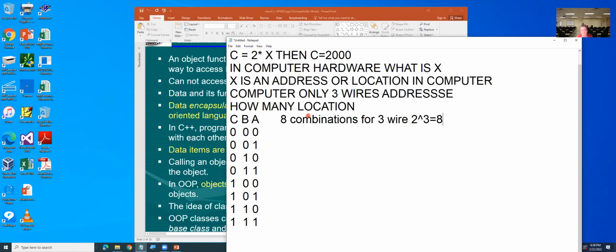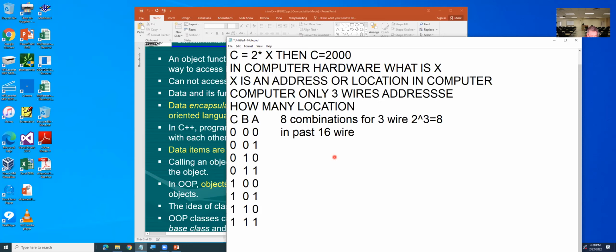However, the computer cannot have just 3 wires. How many wires for address in the past? At the beginning, you get 8 wires, then 16 wires. In the past, 16 wires.